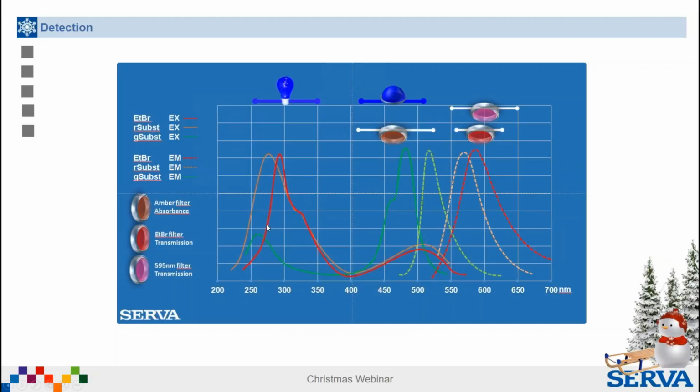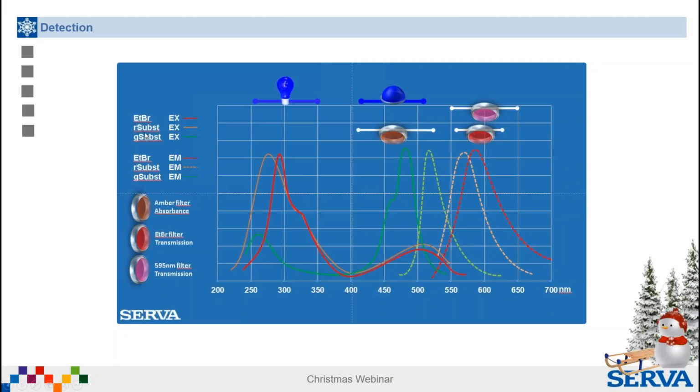So the red line here is the spectrum of ethidium bromide. And what you see is that this spectrum has a maximum around 300, so it's UV light excitation, but it has a second, smaller one at, let's say, 500, around that.